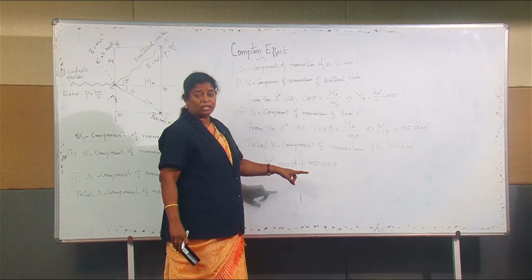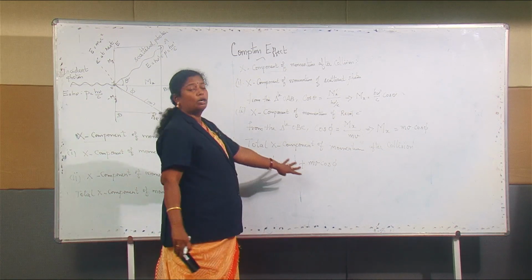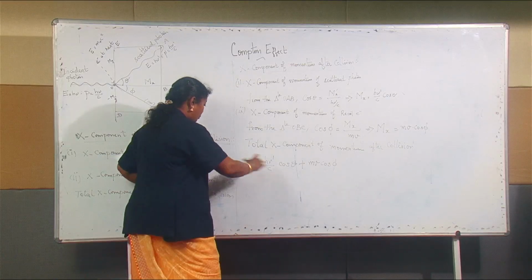So, by the law of conservation of momentum, we know the momentum before collision is equal to the momentum after collision. So, we can equate both. Momentum before collision is equal to momentum after collision.